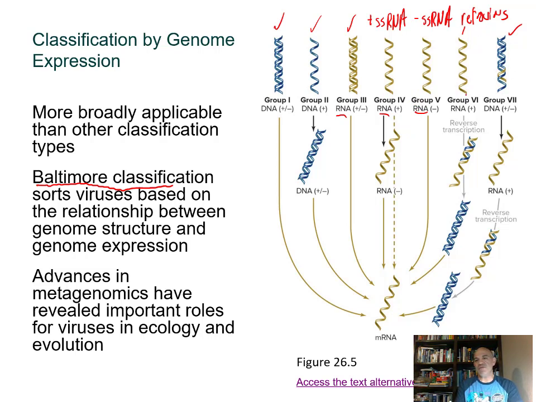Remember, the retrovirus itself is going to be a positive strand RNA. It's going to use a special enzyme called reverse transcriptase to build your DNA molecule, and then becomes double-stranded. And then one of the strands would serve to make your messenger RNA that would be used to produce your viral proteins.